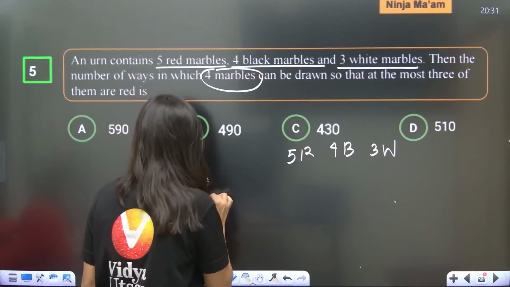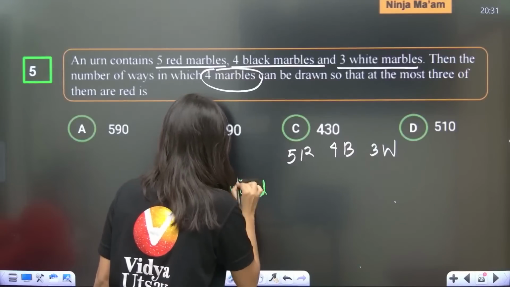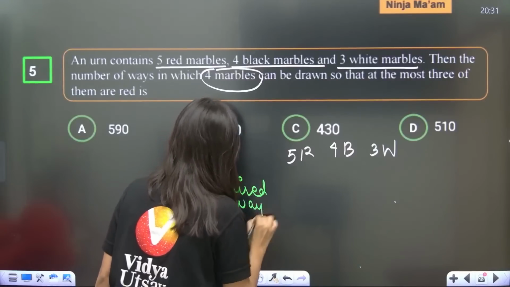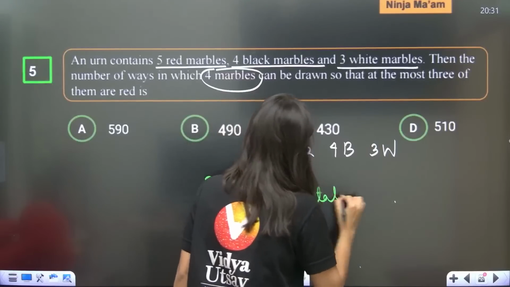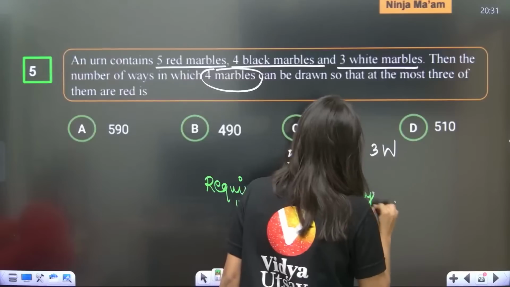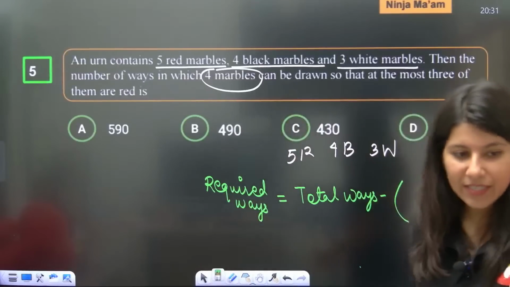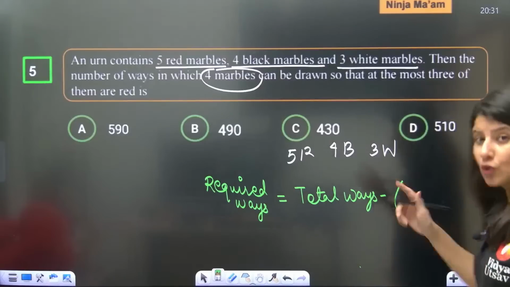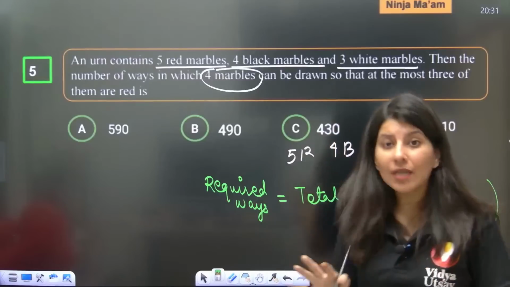So required ways is equals to total ways minus those ways where, see what they are saying is at most 3 marbles.